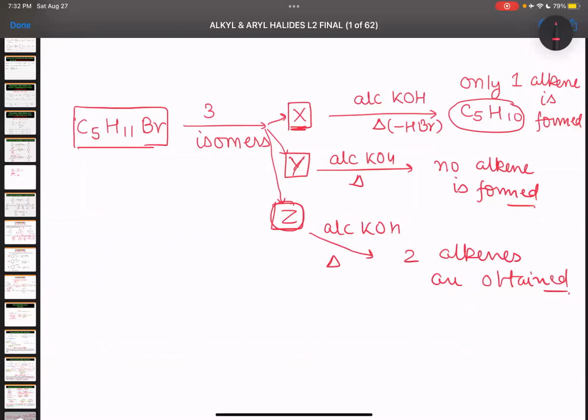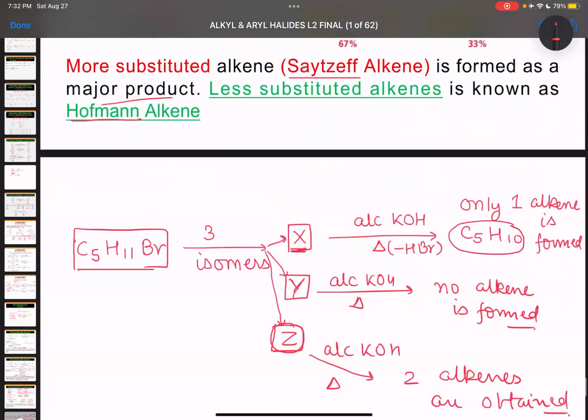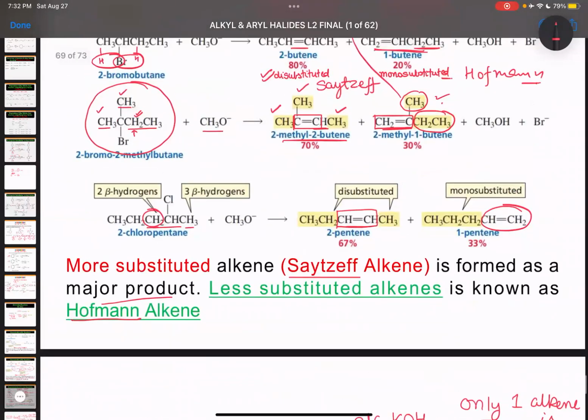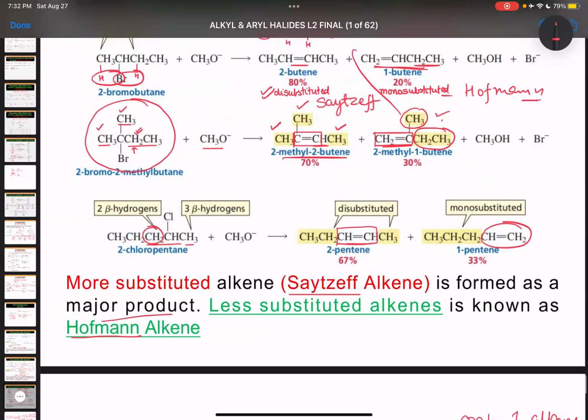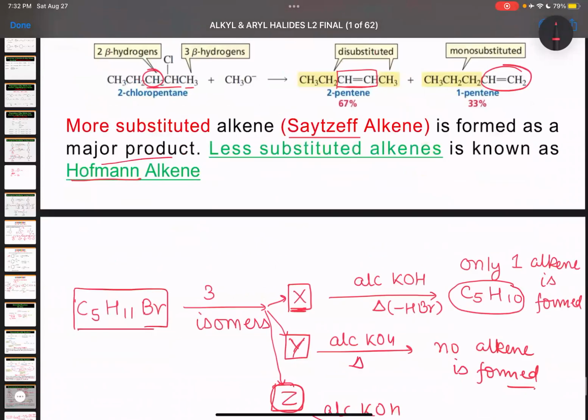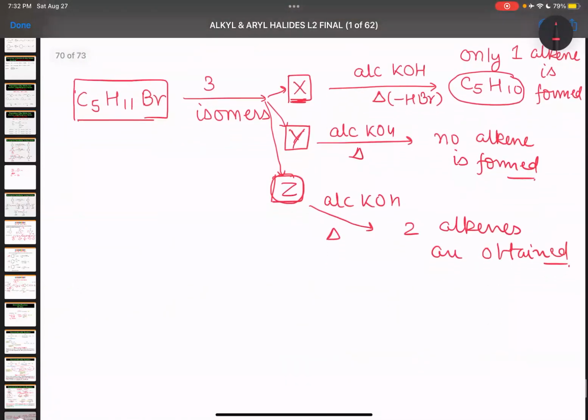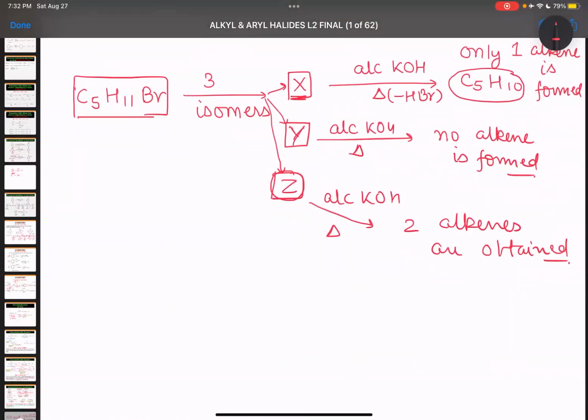Either you remove H from this side or from that side of the R. Just now we have seen two or more types of alkenes being formed in the reactions, and that was happening because we were having two different structures.